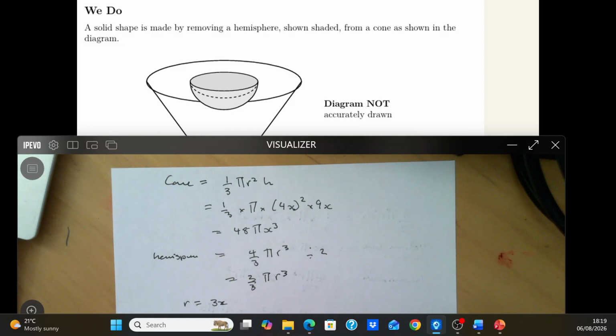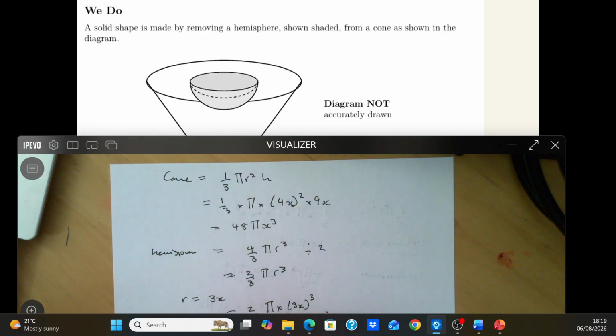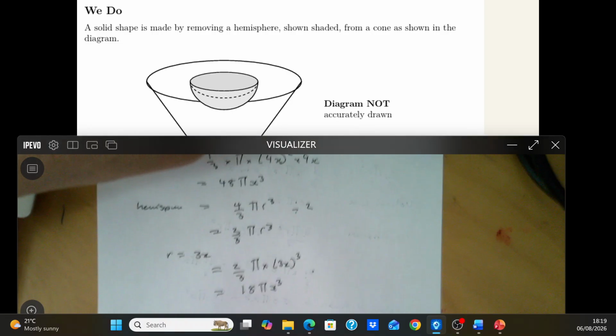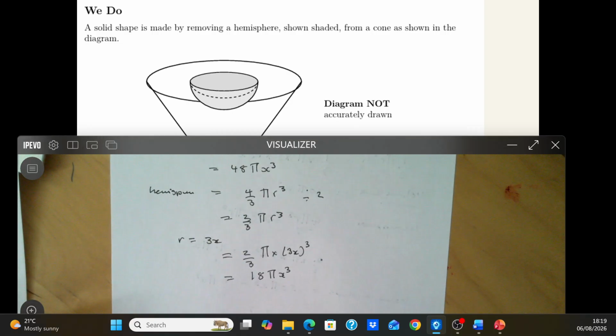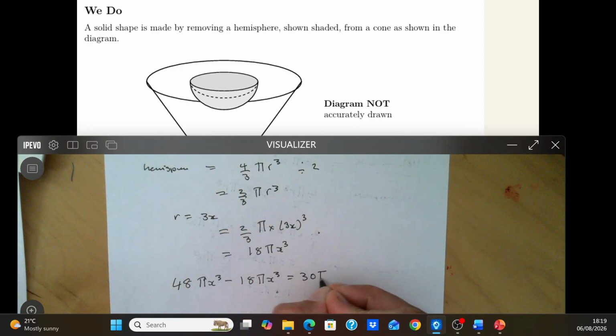So if we put that in, let's write it down, get that mark. That gives us that. So what is the volume that we're left over? 48 pi x cubed, take 18 pi x cubed, which gives me 30 pi x cubed.